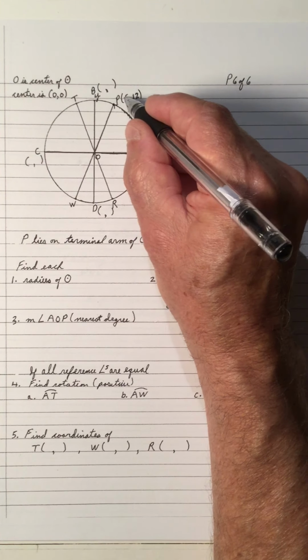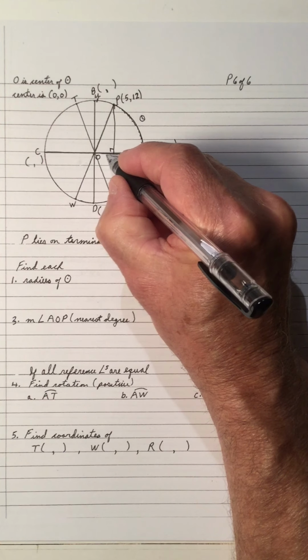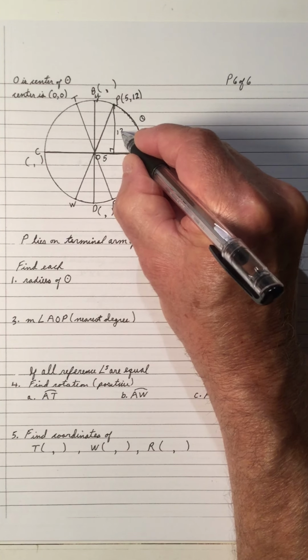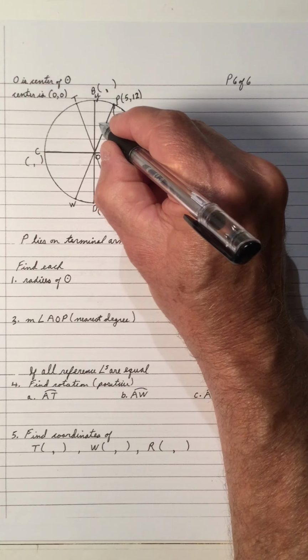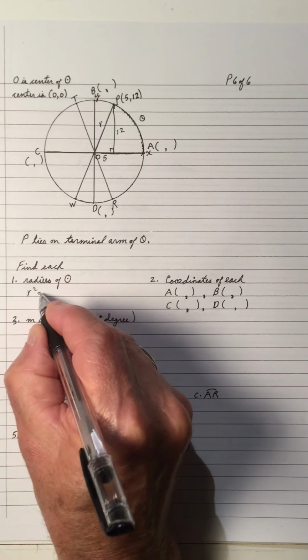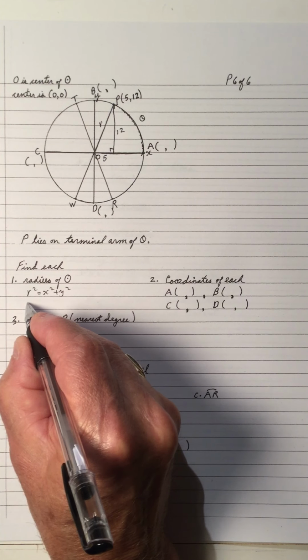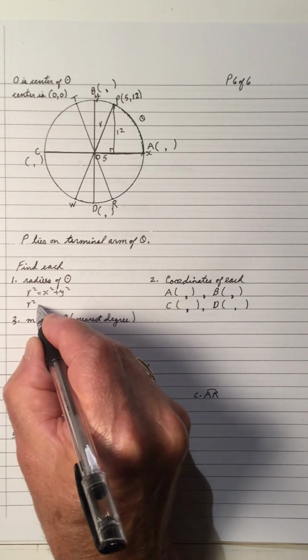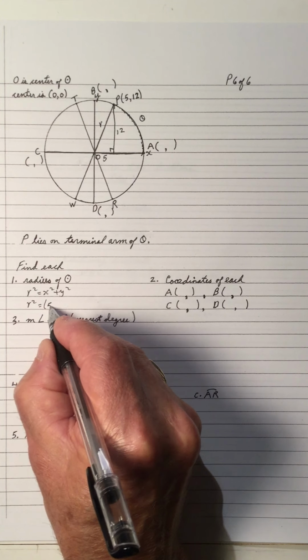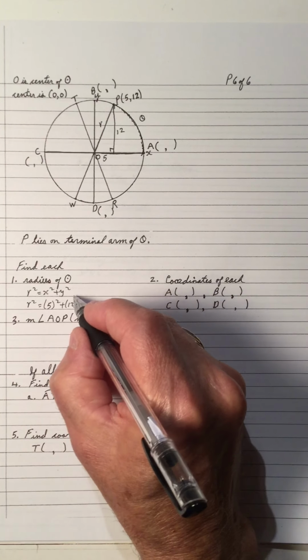So if we drop a perpendicular to the x-axis, x is 5, y is 12, and we want to find a radius. So we have r squared is x squared plus y squared. And the radius r squared, x is 5, y is 12.